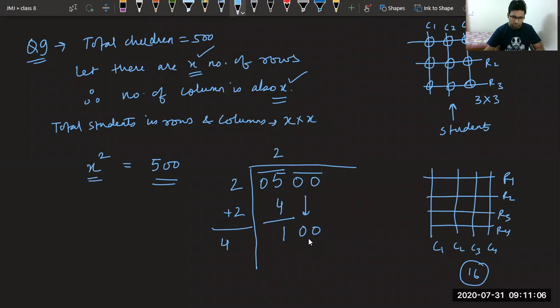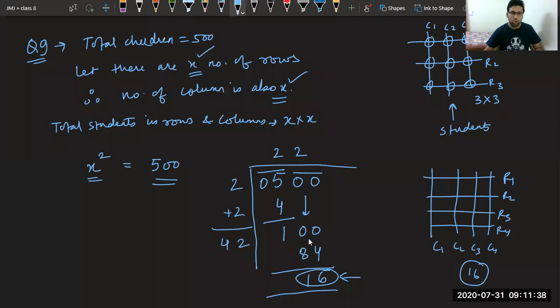No, we will take 2. 2 2s are 4, 2 4s are 8. Answer is 10 minus 4 is 6 and 9 minus 8 is 1. So in this arrangement, 16 students would be left behind. They will not come in these rows and columns.